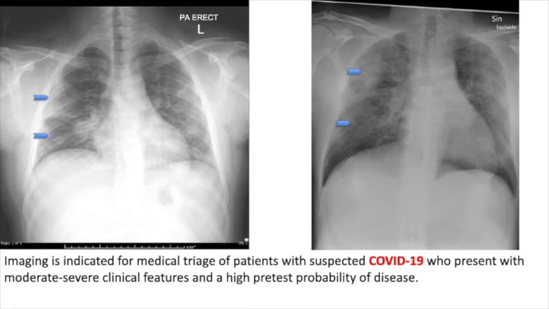You can see in the arrow all these opacities through both lungs. The chest X-ray is very specific, but mainly the opacities are bilateral, in both lungs, like you are seeing in both images. So any patient you see during this period with these opacities and fever, always think of COVID-19. It's very important for you to know that.